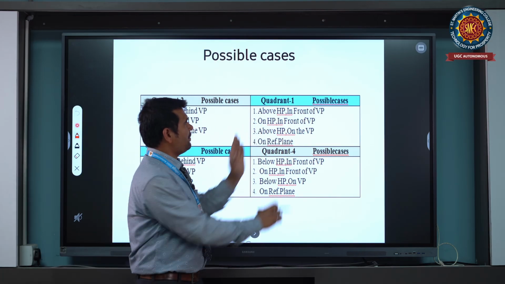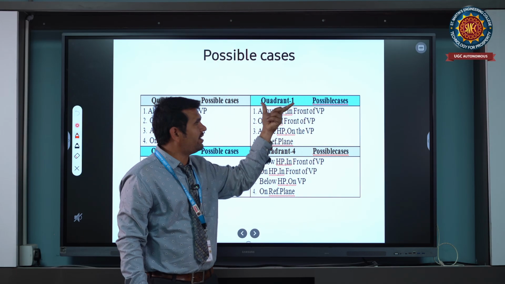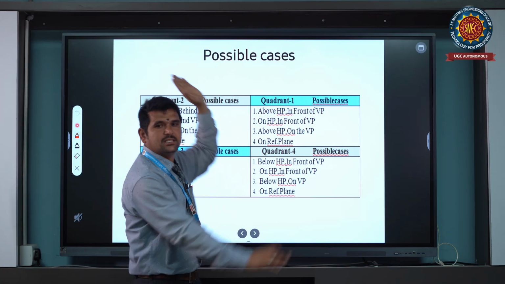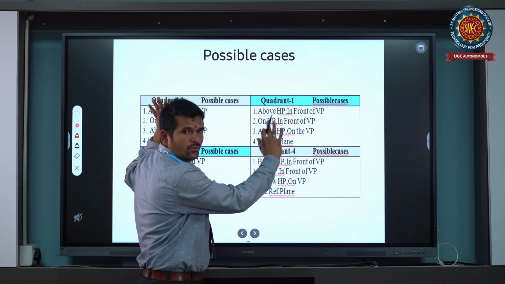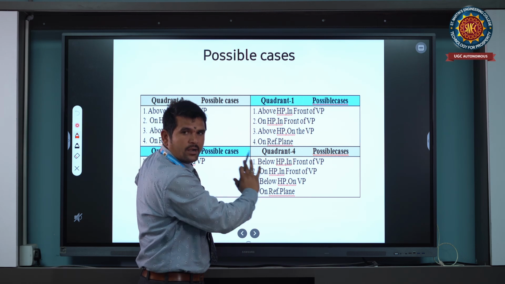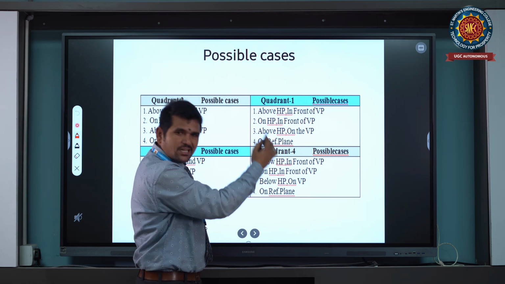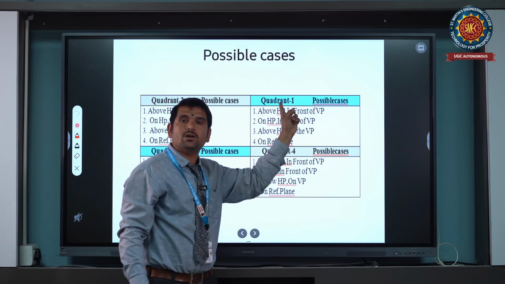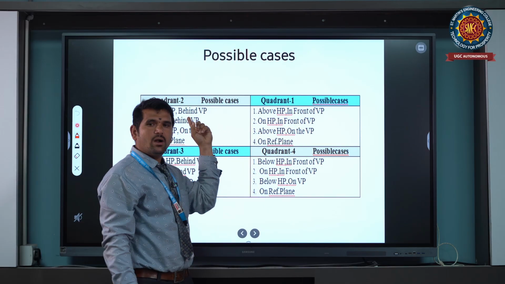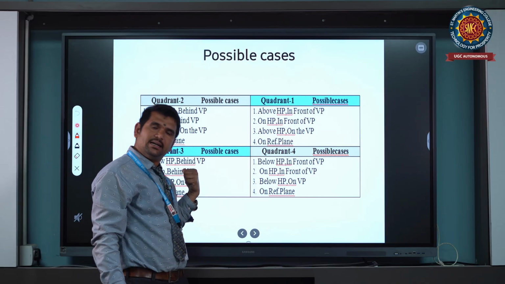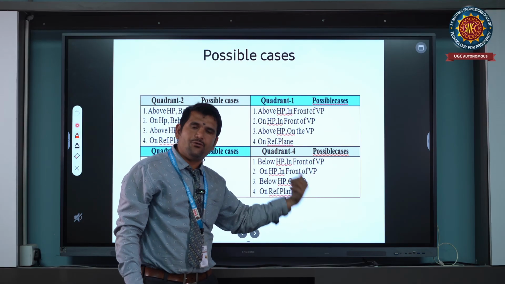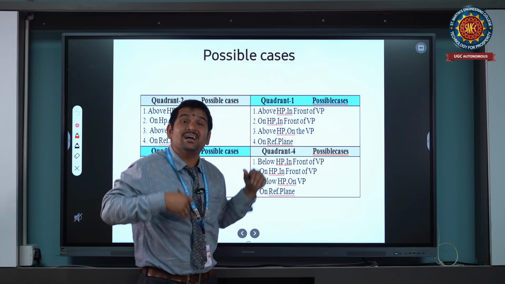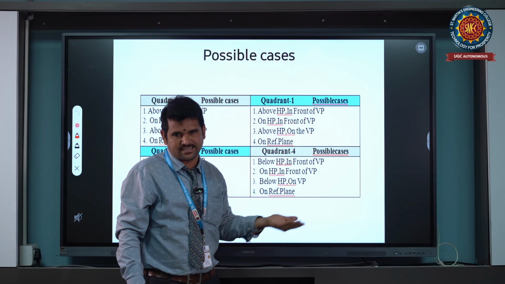See, why am I mentioning these quadrants? What I said, we are dividing the plane into four equal parts, that too in the anti-clockwise direction. So that's why here it is quadrant 1, here quadrant 2, here quadrant 3, here quadrant 4. So see, what are the possibilities? These are the possible cases.